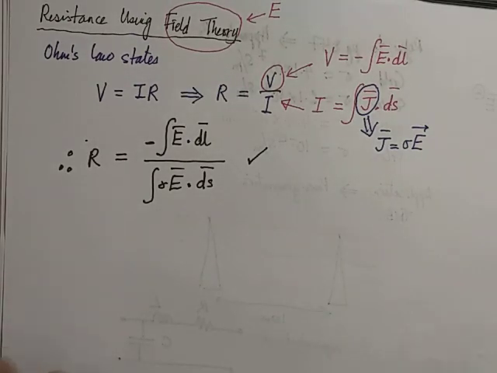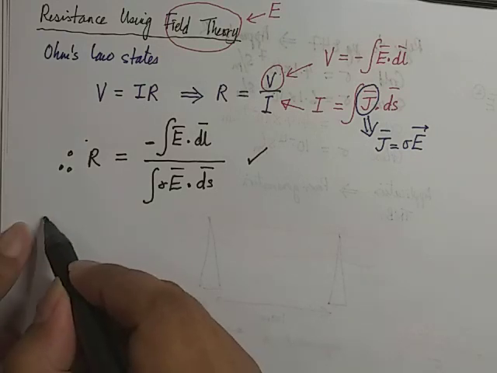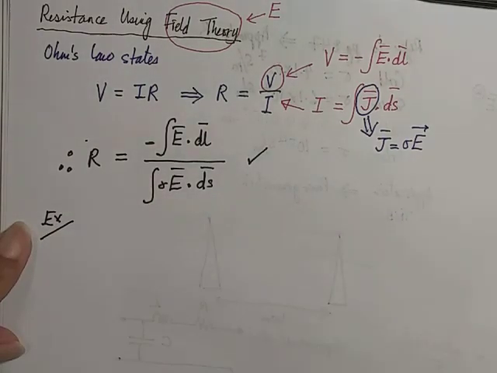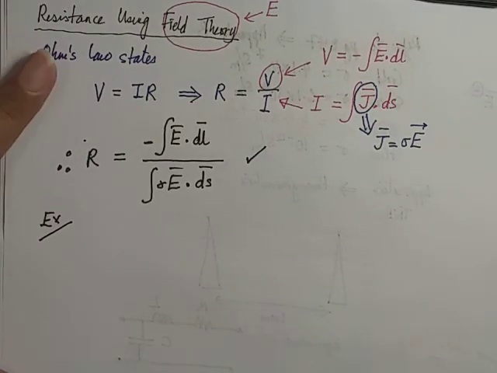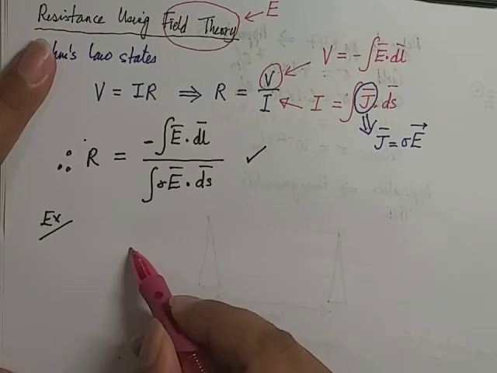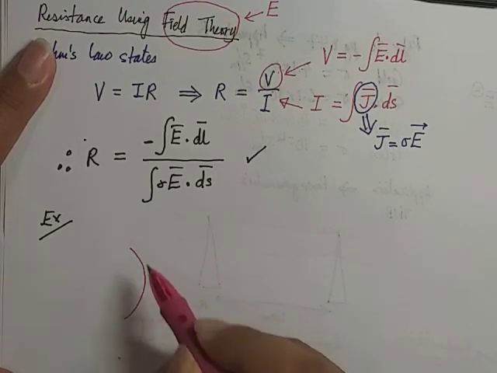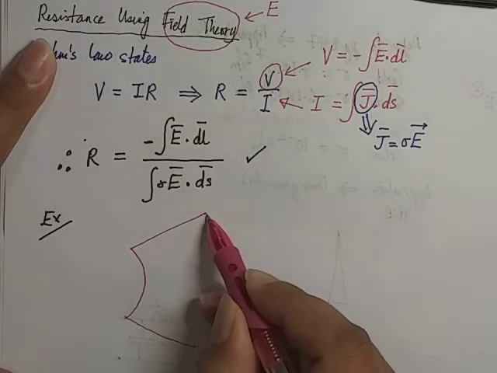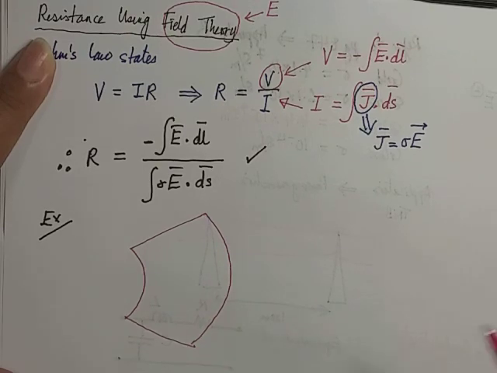Let's do one example to investigate this further. So example here. Let's say you have a conductor material shown as drawn here, red in color.